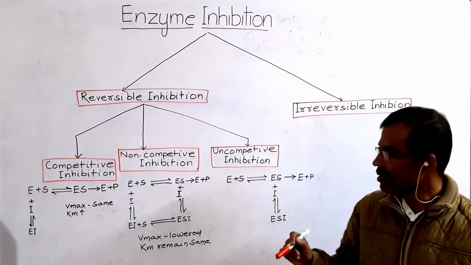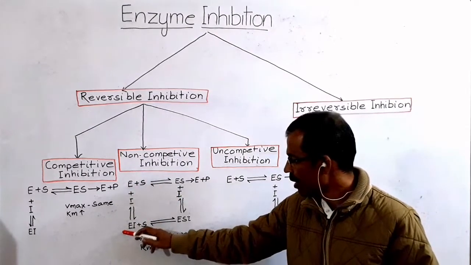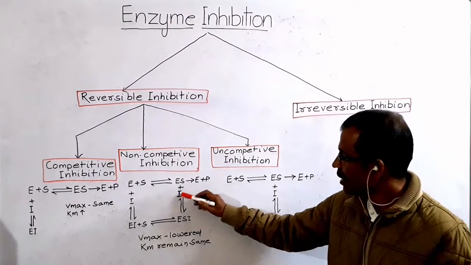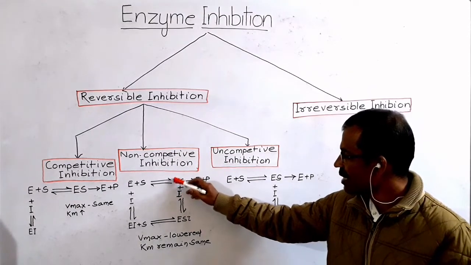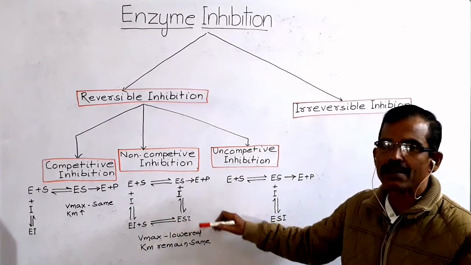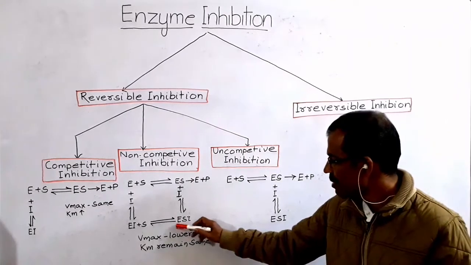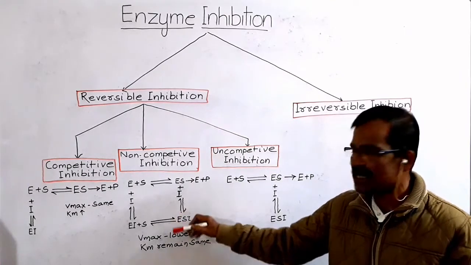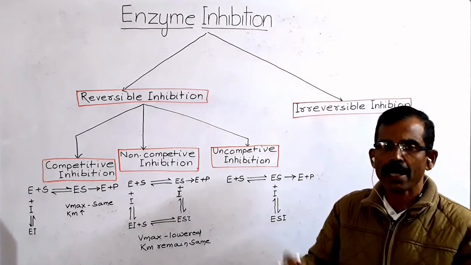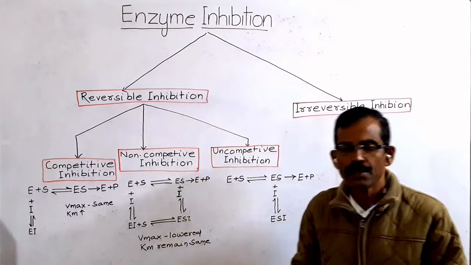Because of this, the inhibitor can bind with the enzyme to form an enzyme-inhibitor complex, and the inhibitor can also bind with the enzyme-substrate complex to form an enzyme-substrate-inhibitor complex. The formation of the enzyme-substrate-inhibitor complex is possible because the substrate and the inhibitor bind at different sites. This is about non-competitive inhibition.